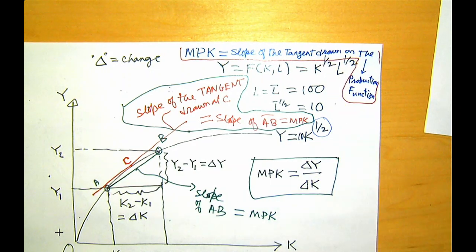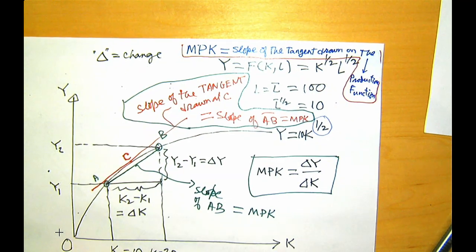So if you want to get, for example, the production function is Y equal to, let's just throw in an extra parameter A, and I'll explain what A is, A times K to the power half, L to the power half.